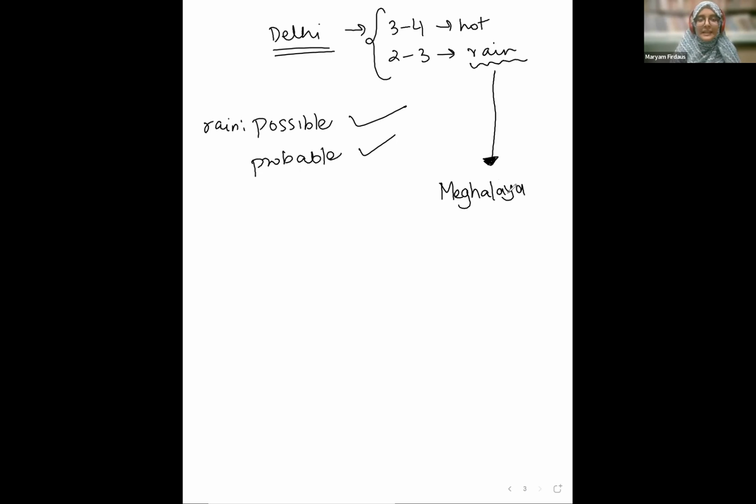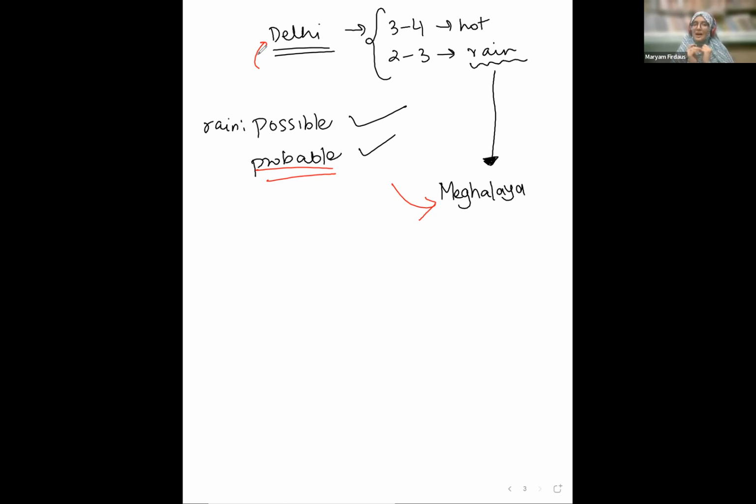So Meghalaya receives the most rain. If I ask you, where is rain more probable, in Meghalaya or in Delhi? It is more probable in Meghalaya. Very good. So are you seeing the difference between possibility and probability?